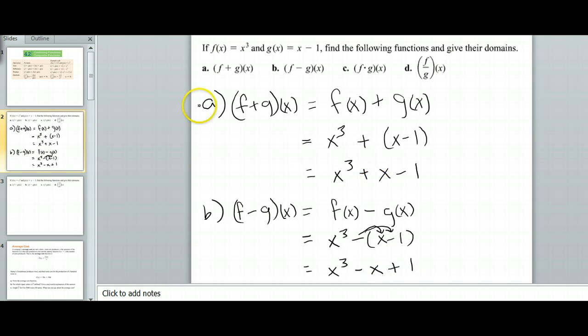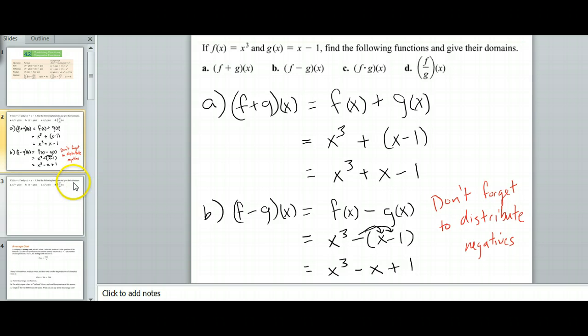Okay, so the big thing to remember here is do not forget to distribute negatives. Alright, that's the biggest thing that people make that mistake on this stuff.